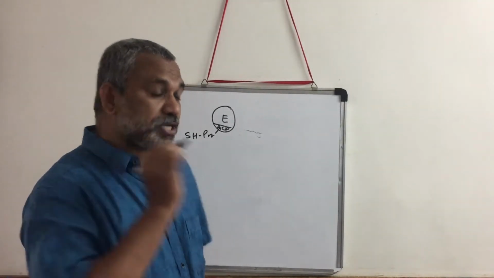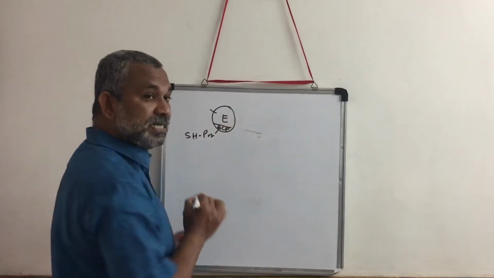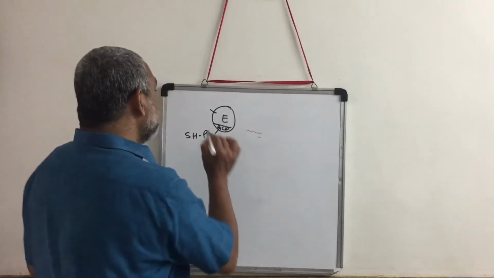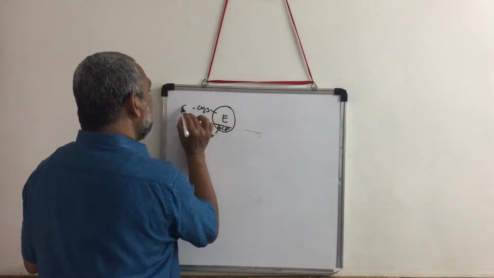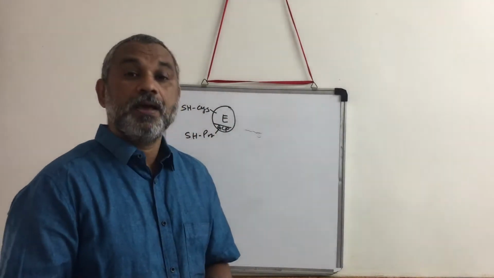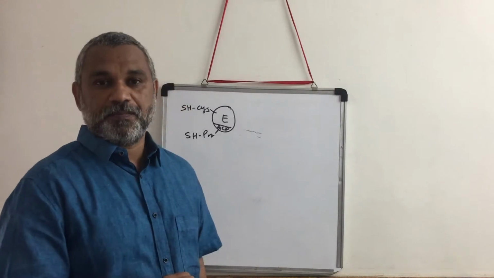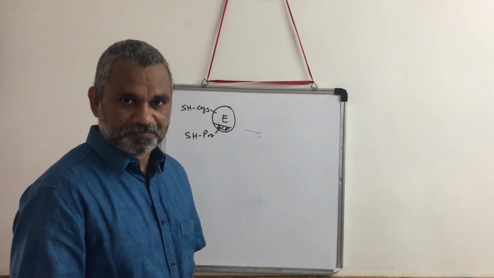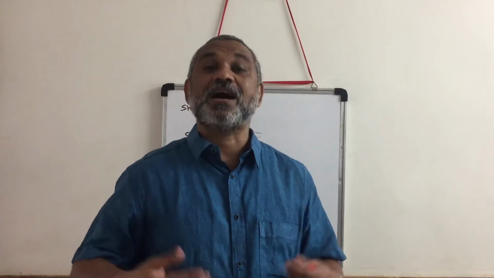This is one of the important sulfhydryl groups. And second, domain number 1 has a cysteine and an SH group. So these 2 SH groups play a very crucial role in synthesizing fatty acid. We also have precursor molecules like NADPH, acetyl-CoA and malonyl-CoA ready now.